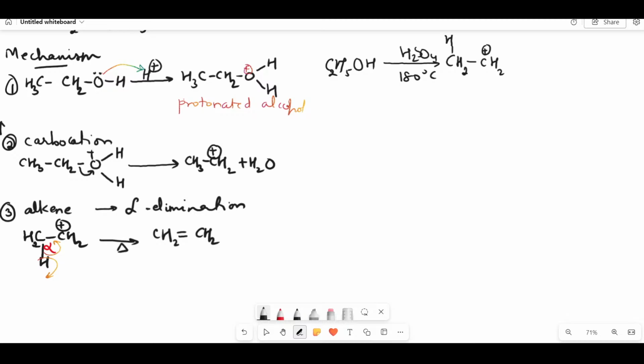So when the carbocation is heated, what we get is alkene. The bond collapses on this and we get CH2 double bond CH2. That is, we get an alkene.